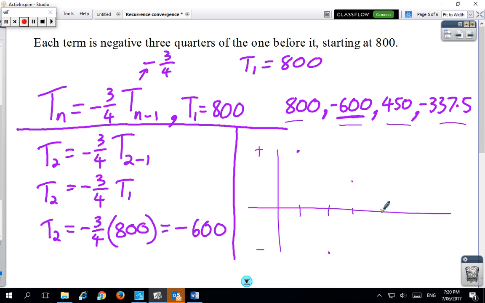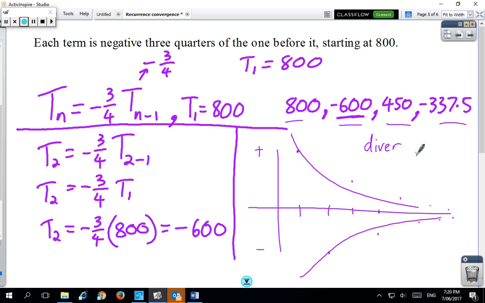Then 337.5, but negative. And if we continued, this would swap from positive to negative, getting closer and closer and closer. So it's oscillating, but it's not getting further apart. What's it doing? It's getting closer and closer to 0 without ever actually touching. So this one is convergent and oscillating.